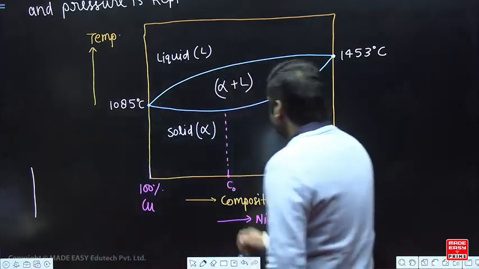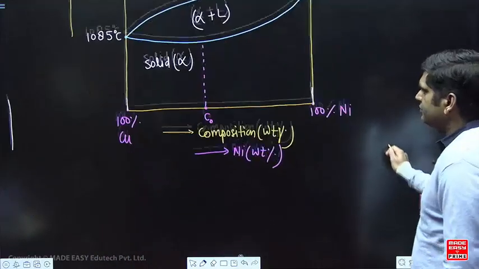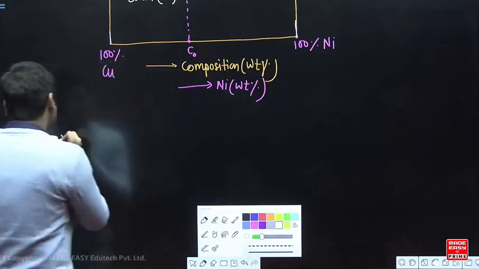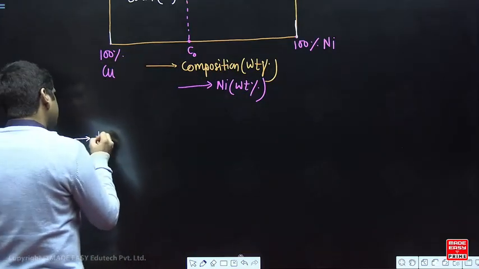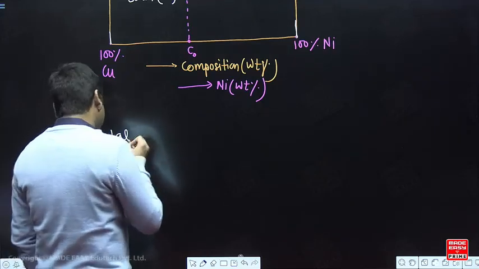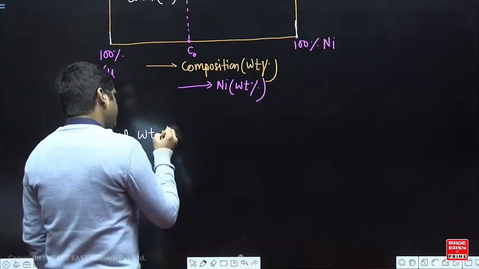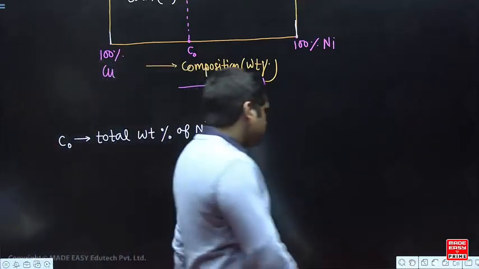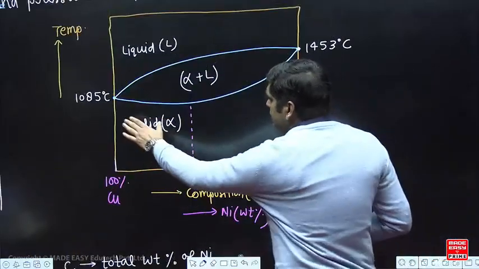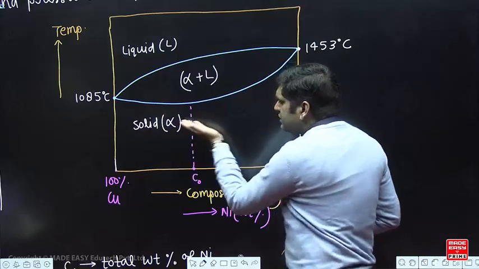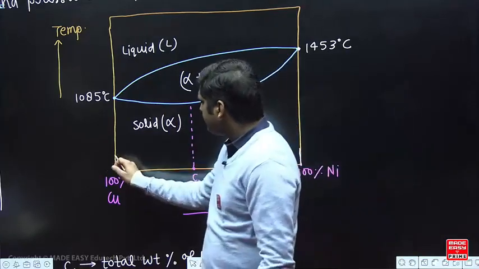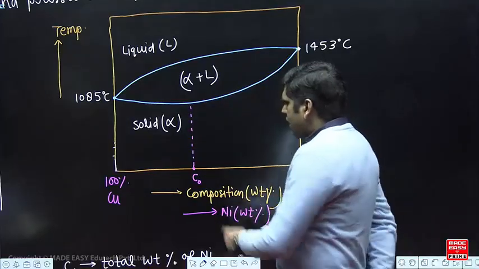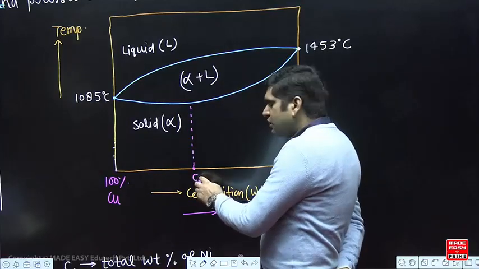C naught is basically total weight percent of nickel, या fraction में लिख लीजिए, weight percent of nickel. Let us suppose 10%. So if we are at a temperature which is in single phase region, all these are different temperatures.